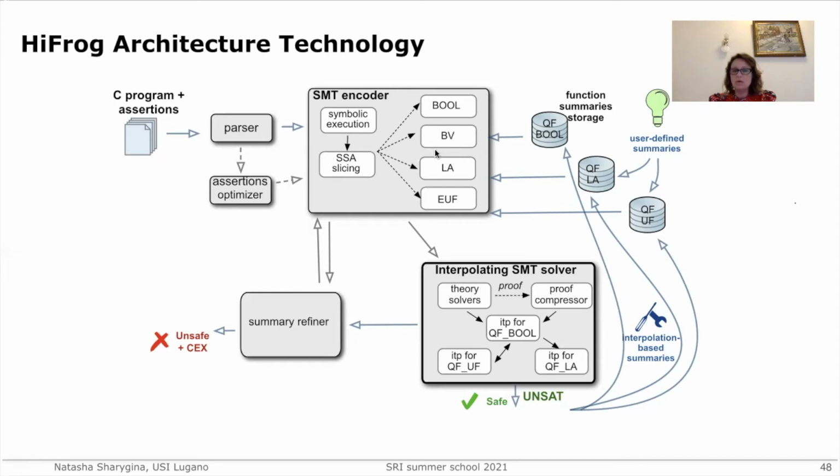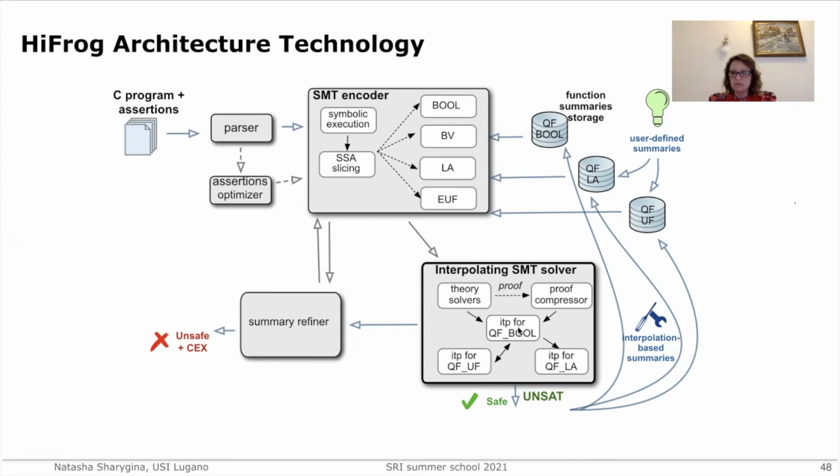Once it's been encoded, it's being given to a solver, SMT solver, which is going to, together with the property encoding, see if the formula is satisfiable or not. So here, actually inside of this box, which represents the solver, you see a lot of internal steps, which we have not talked about yet. This will be covered later in our lectures. So for now, we just treat it as an SMT solver.